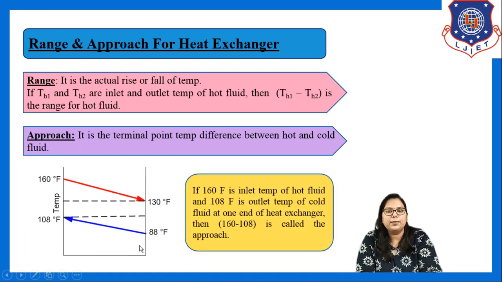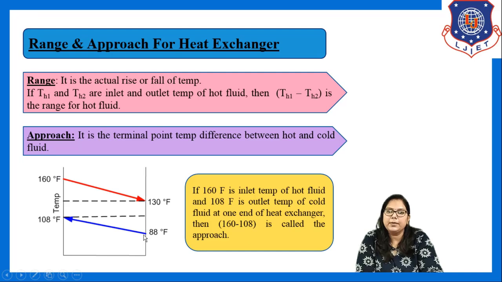For this example, what is the approach? The approach is the terminal point temperature difference between hot fluid and cold fluid. That means the temperature difference between these two, see the arrow. 160 minus 108, that is one approach.